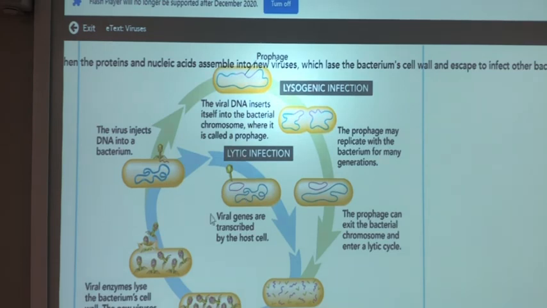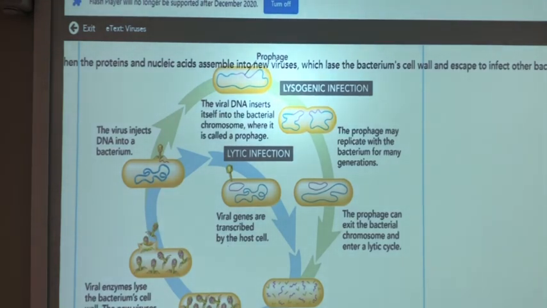Now notice, we're going in the lytic infection here. The viral genes are then going to be transcribed. This is DNA to RNA to protein. Transcription and translation. Important terms there.